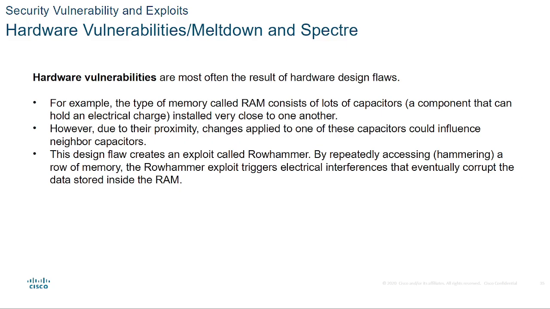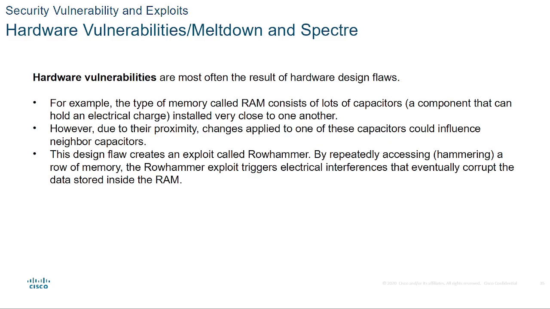We have hardware vulnerabilities such as Meltdown and Spectre. Hardware vulnerabilities are most often the result of hardware design flaws. For example, the RAM, your random access memory pieces, have a lot of capacitors, and these capacitors hold electric charges.